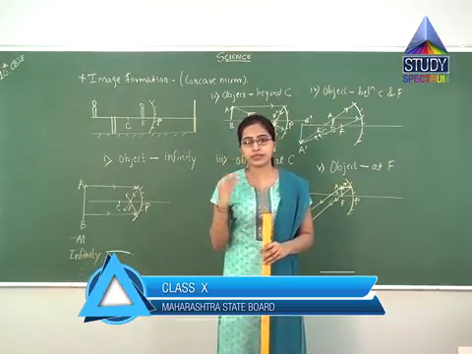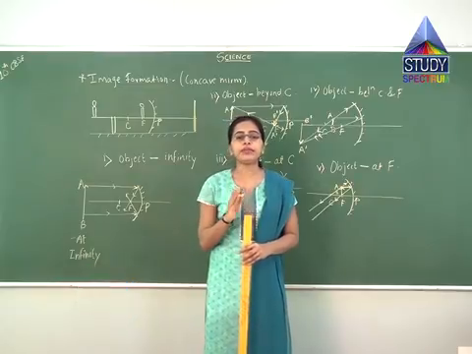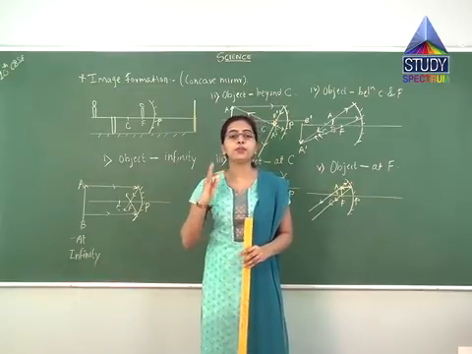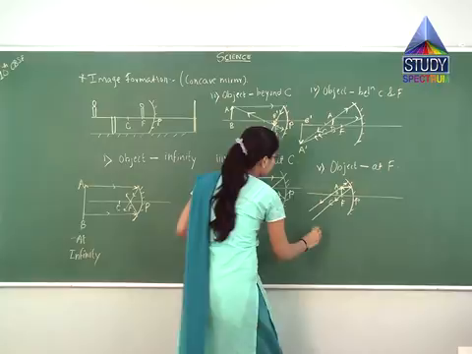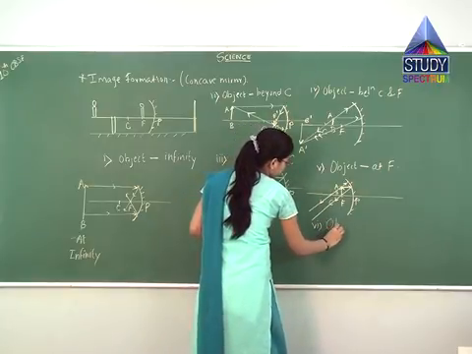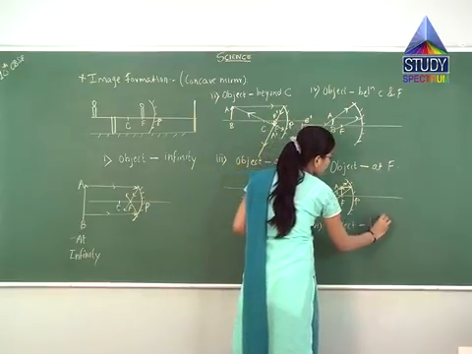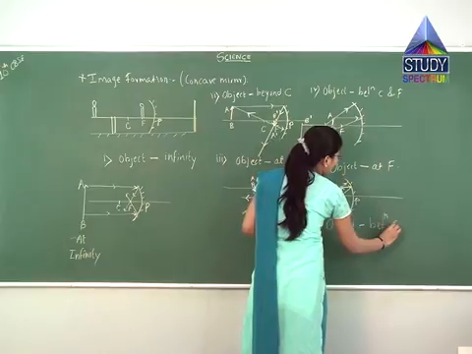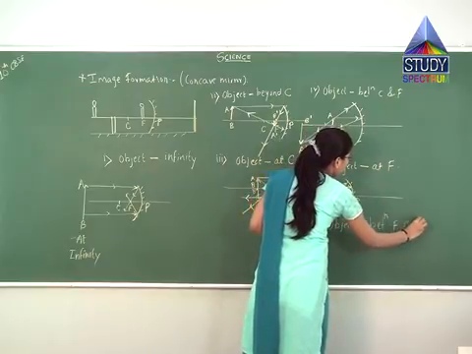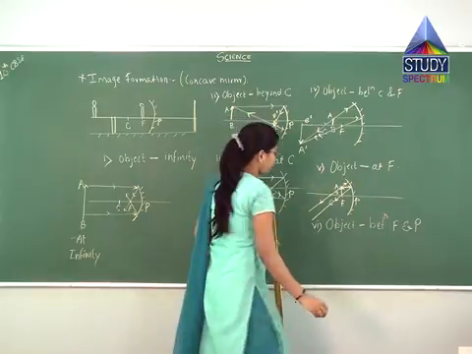Now in the next case, we will put our object between focus and pole. So let us see. The object we are putting between F and P, that is focus and pole.